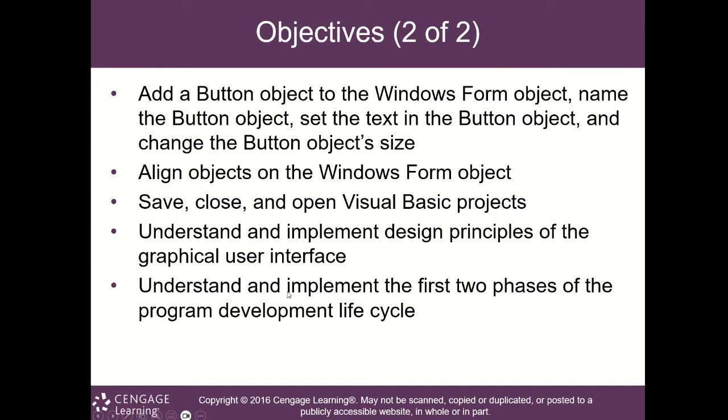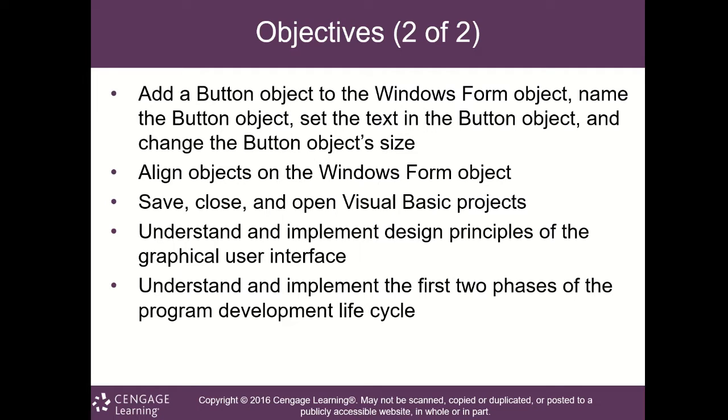Then we will be adding a button to the Windows form object. We will rename the button object because when you add a button, Visual Basic will give a default name to the button. We will change the name to be more meaningful in respect of the requirement on which your application is built.